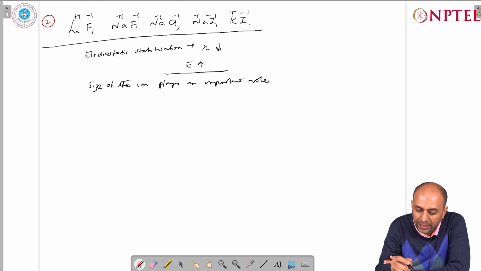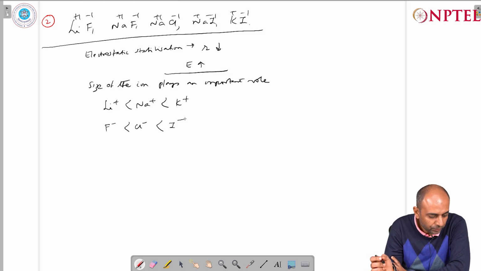So size of lithium is smaller than size of sodium, which is smaller than size of potassium. Similarly, size of fluoride is smaller than size of chloride, which is smaller than size of iodide. Now if you combine, the size of lithium and fluoride being the smallest will result in the smallest internuclear separation and the highest electrostatic stabilization.